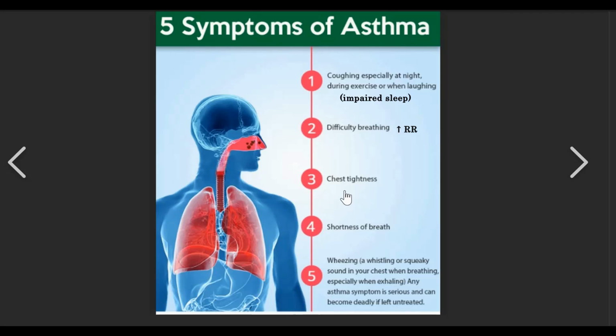The patient may experience chest tightness, shortness of breath or dyspnea, and wheezing on auscultation. This is the whistling sound as the air moves through the narrowed airway. It is usually heard during exhalation. As the symptoms worsen, you may be able to hear it during both inspiration and expiration.